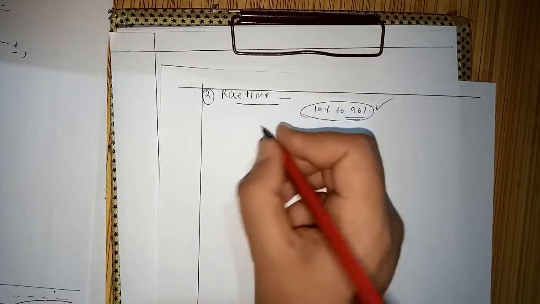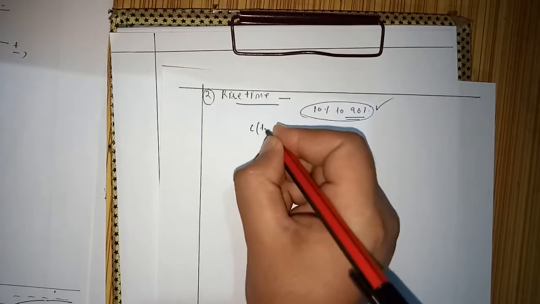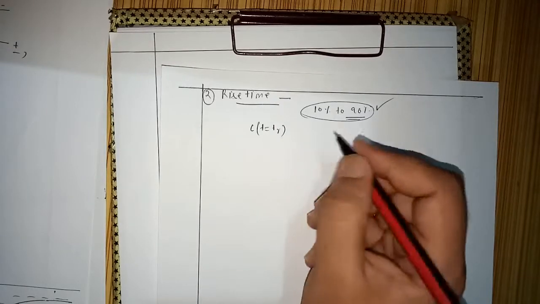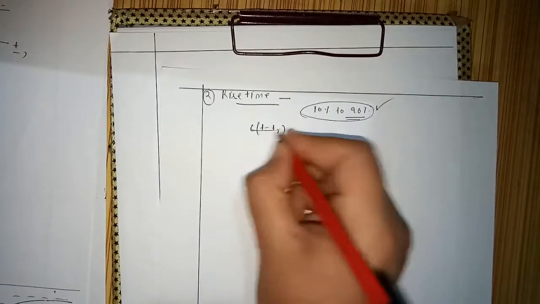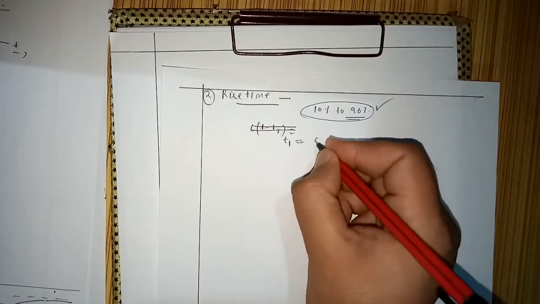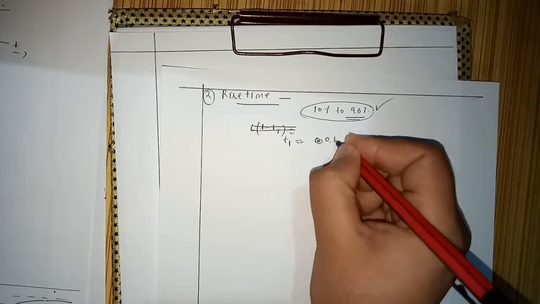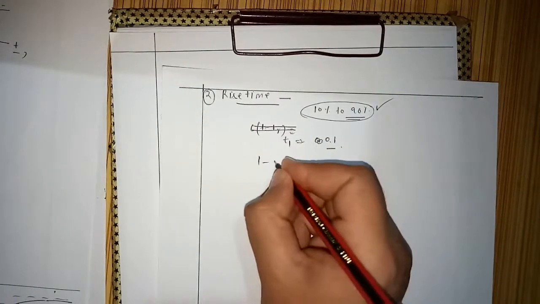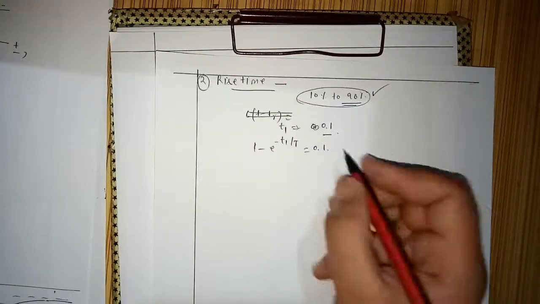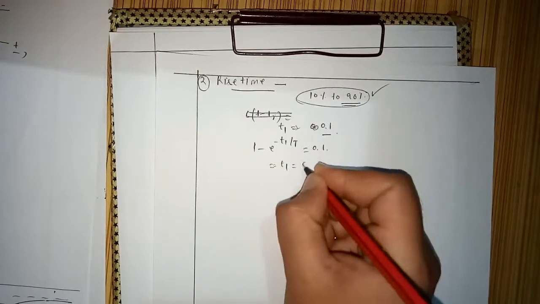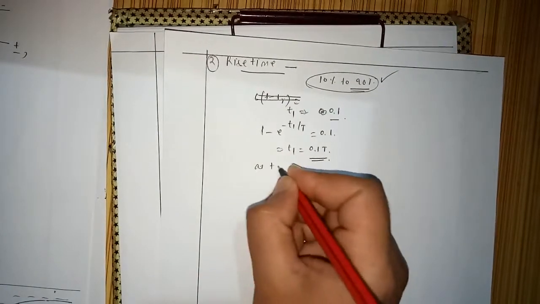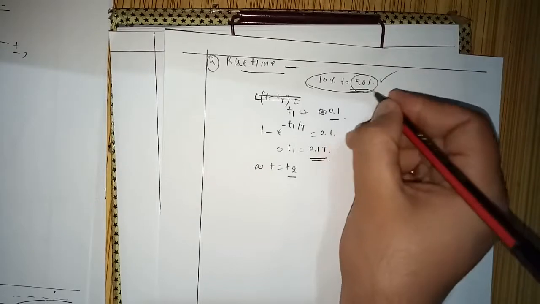So how do I obtain it? I calculate t1 for which the step response is 10%, or 0.1. So 1 minus e to the power minus t1 by T equal to 0.1, and this comes out to be t1 equal to 0.1 T. And at t equal to t2 my response must be 90%.